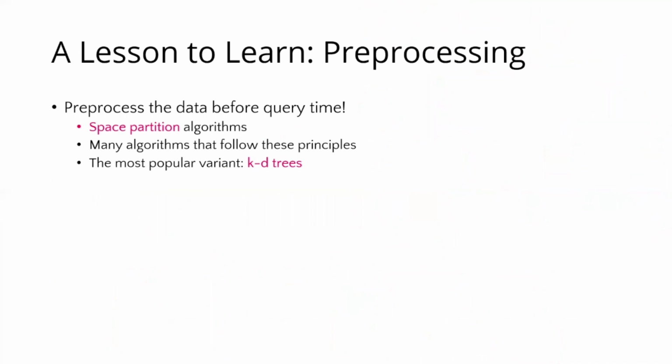Now, from this 1D example, one lesson that I want you guys to learn is that by doing some pre-processing, pre-structuring of the data, you can dramatically improve the computational time as opposed to the naive linear comparison algorithm.